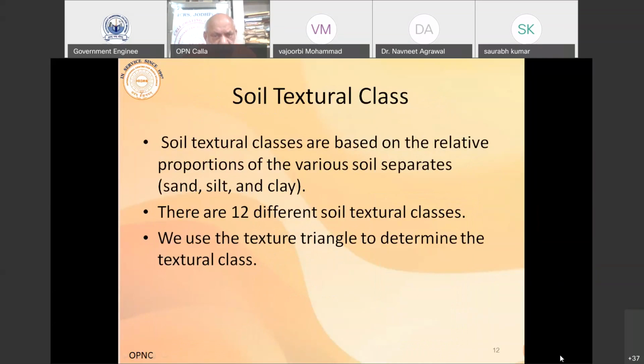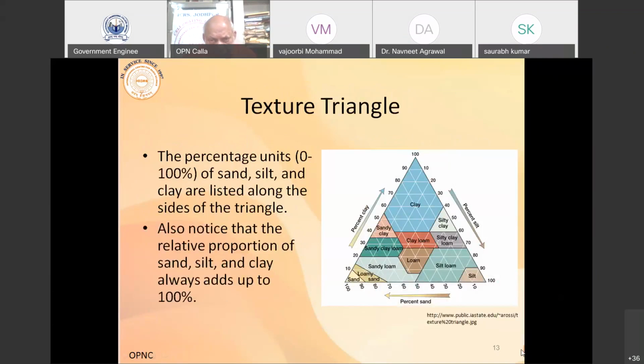We have 12 different classes, depending upon the variability of the parameters. So here is a triangle, the texture triangle. From this side is percentage clay, this is percentage silt, and this is percentage sand. The total percentages should add up to 100.